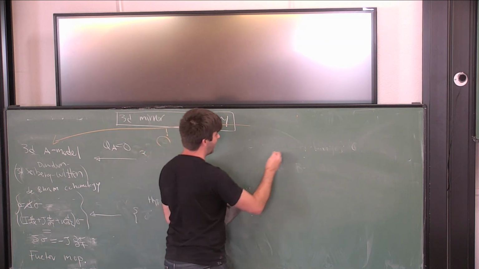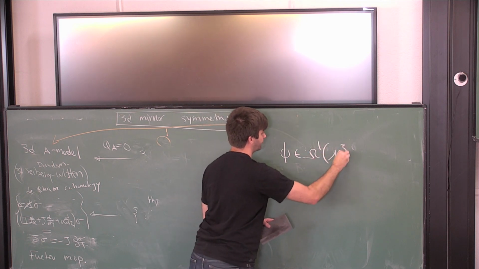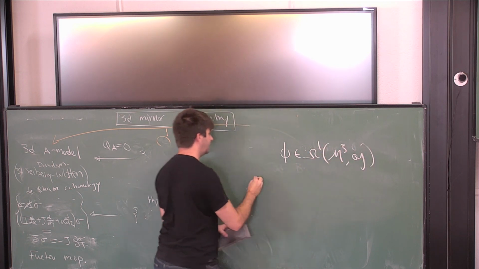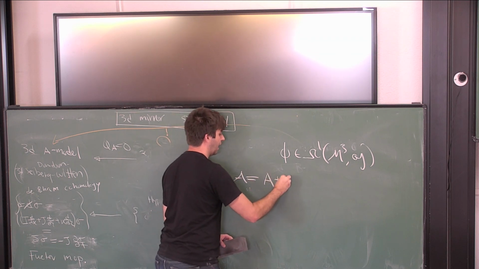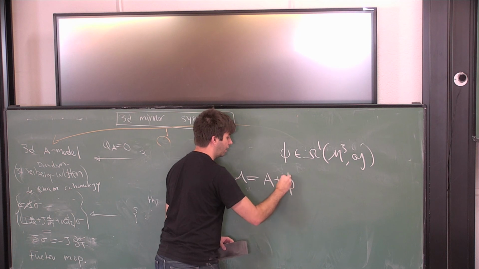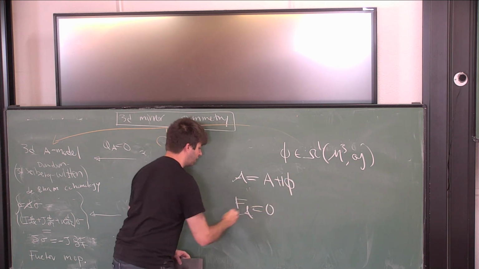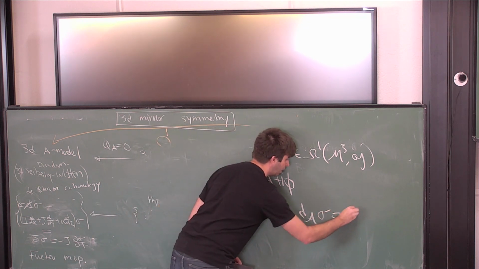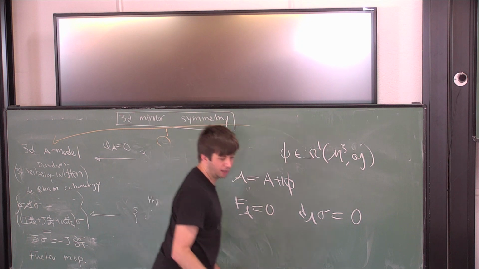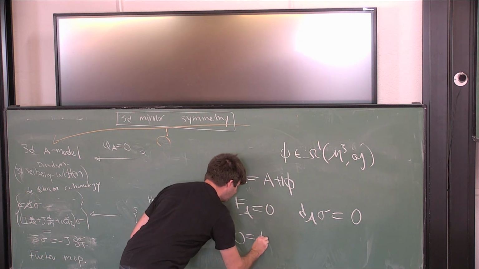This phi basically becomes now a 1-form valued in g, and so I can make a connection A plus i phi. And then my equations become that the curvature of this is 0, that my section is flat, and then there's one last term, which is 0.